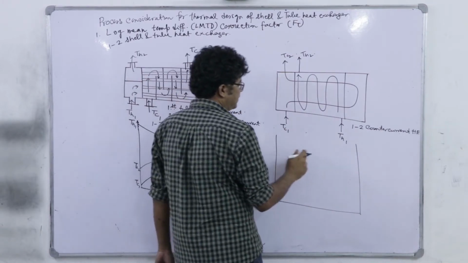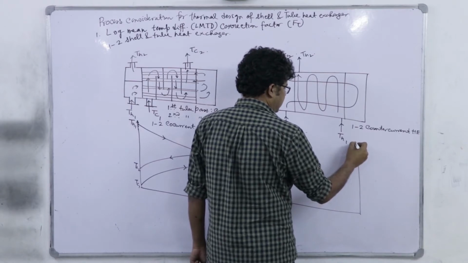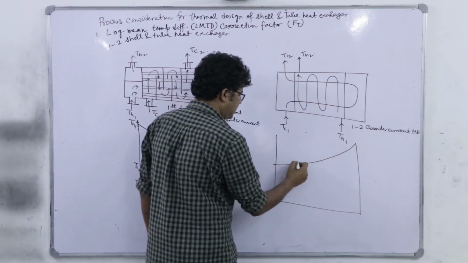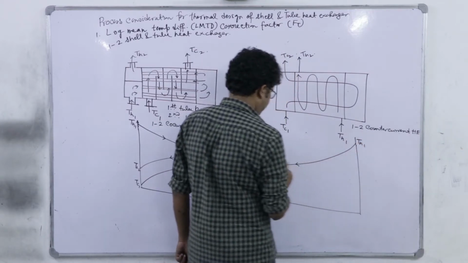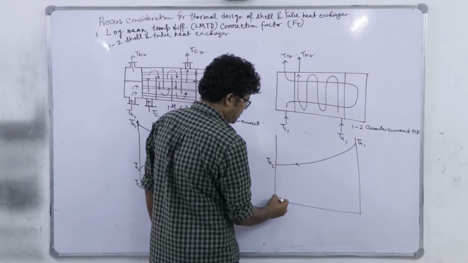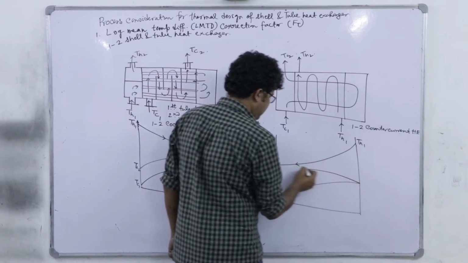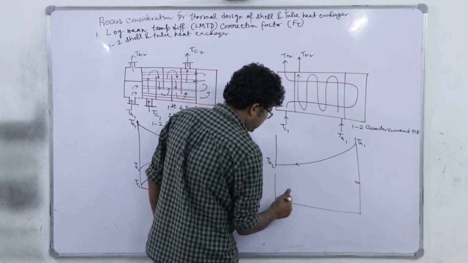So, the hot fluid, its temperature decreases like this. So, this is TH1, this is TH2, and the cold fluid temperature increases like this. Okay, let me draw it.